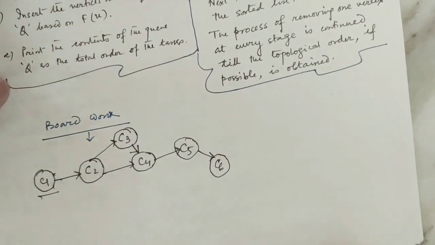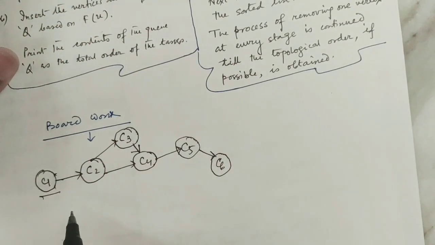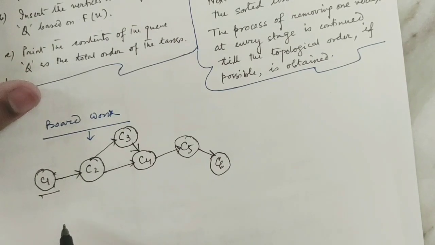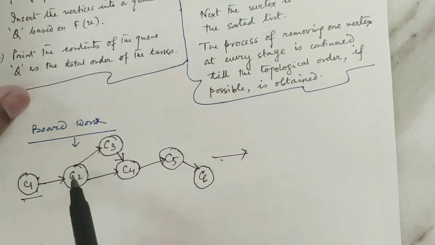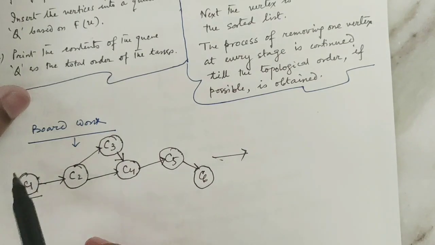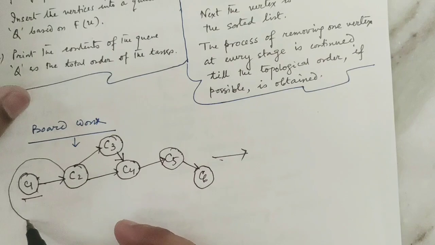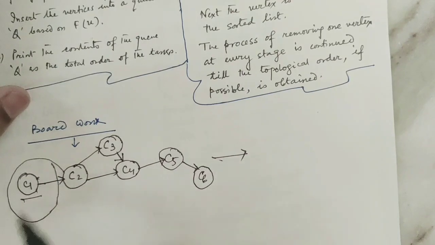So we have got one vertex, C1, that has no incoming edges. Therefore vertex C1 can be removed along with its edges. After removal, what is the resultant? The entire part from C1 along with its edges is removed.